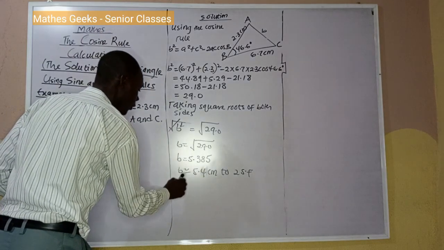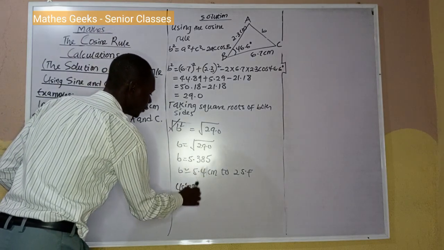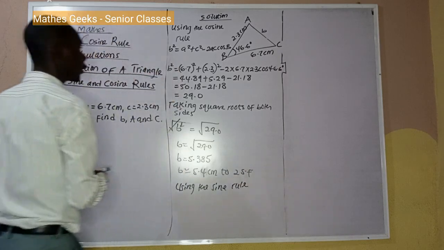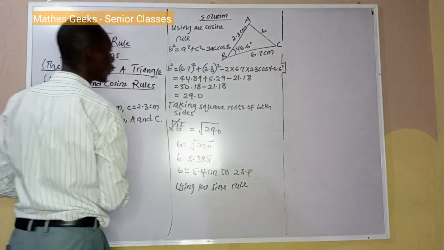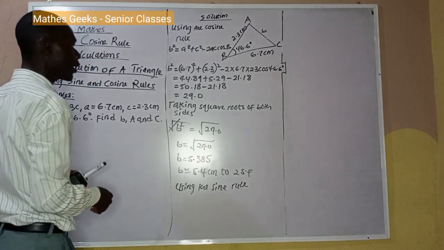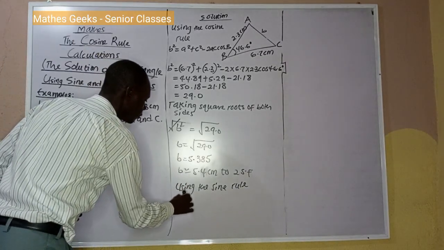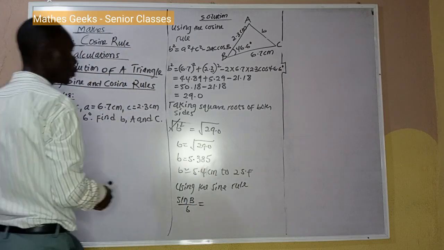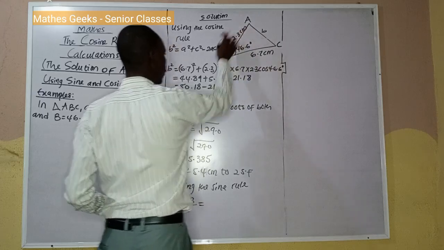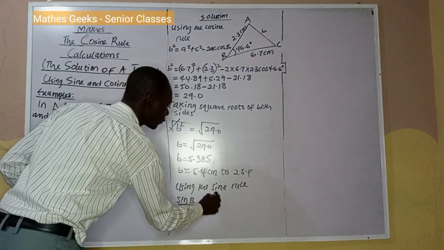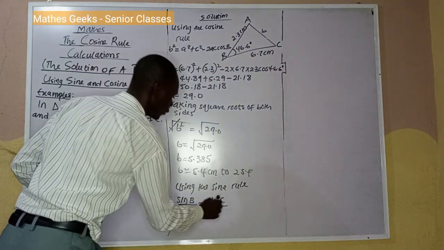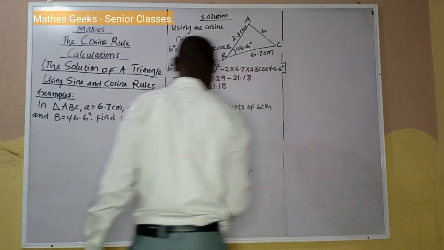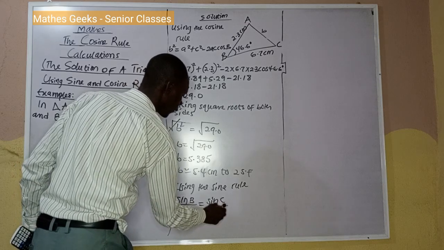So using the sine rule, and we're going to use the ratio of an angle that is known to a side that is known, which is sine B over B. So sine B over B is equal to the ratio of an unknown angle to a known side, which is sine C over C, 2.3.